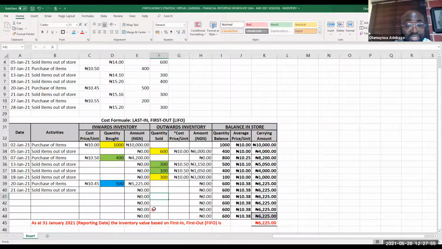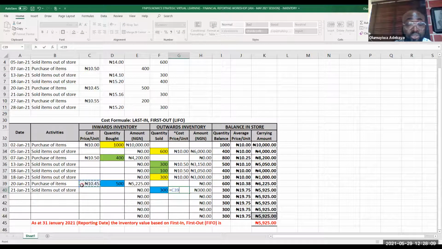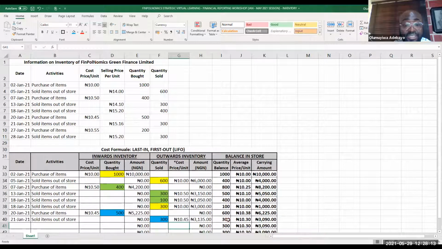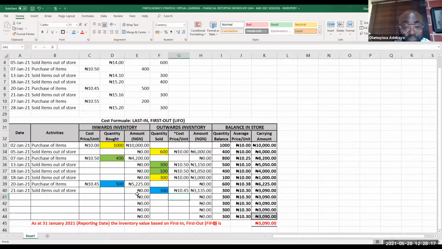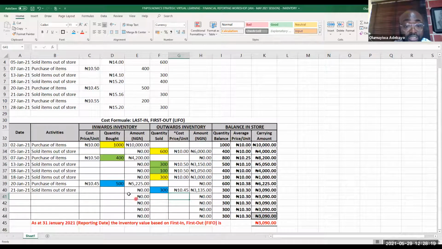But this 300 can only be sold from this immediate last batch, and therefore I sold the 300 from the batch of blue. And at what cost is that batch of blue? 45 kobo. Which means what is left is 200 from the batch of blue and 100 still outstanding from the batch of yellow.